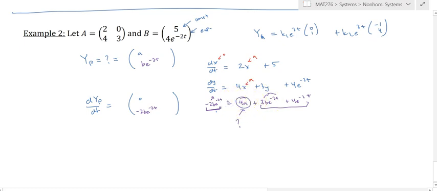I can't have that 4a on the right because I don't have a constant to match it to on the left-hand side. I mean, I could say 4a equals 0, but then I get a equals 0, and that's going to be a contradiction because a is actually going to need to be negative 5 halves, just like it was in our previous problems, because we didn't change the non-homogeneous term.